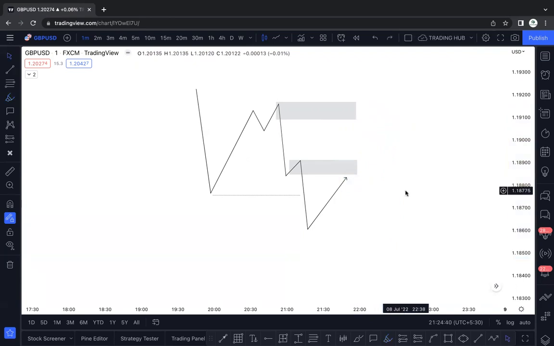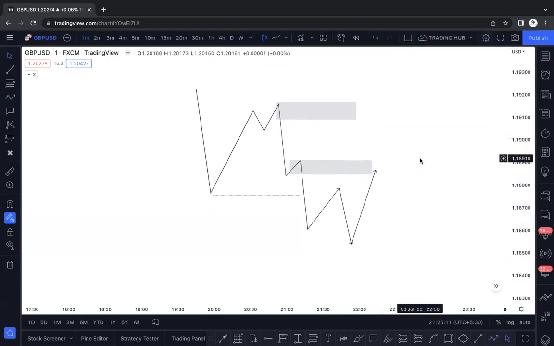As I mentioned in part 5 about entry types, price must take out the liquidity before the entry. If there is liquidity on the left side and the market moves something like this, then this entry becomes valid here. But you don't need to sell here directly. Why? Because we have another zone for the sell.